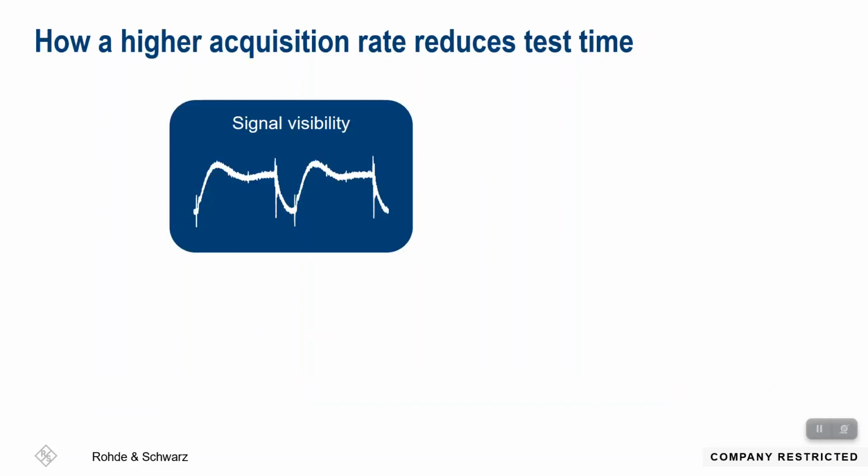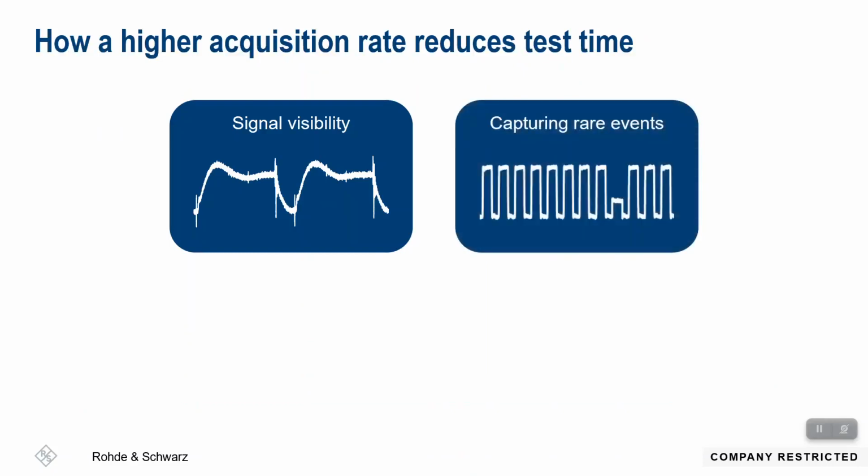How can a higher acquisition rate reduce your test time? First of all, it's going to give you better signal visibility. Second thing it's going to do is increase the statistical probability that you're going to capture your rare events. So with that increased probability, you're going to capture things quicker.